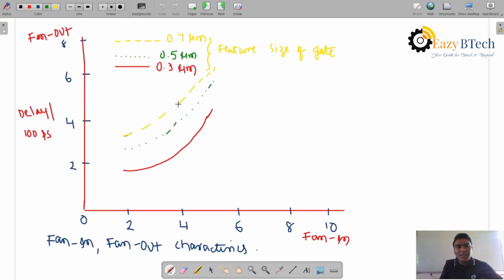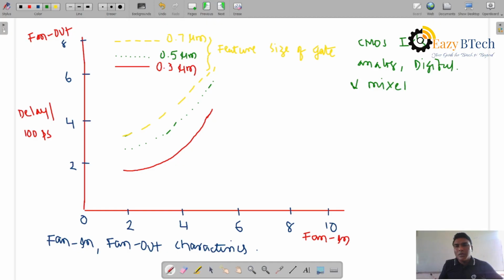Next we are seeing the characteristics of fan in and fan out. The delay of the gate increases with feature sizes of 0.5 micrometer, 0.3 micrometer, and 0.7 micrometer used in CMOS ICs, for analog, digital, and mixed applications.